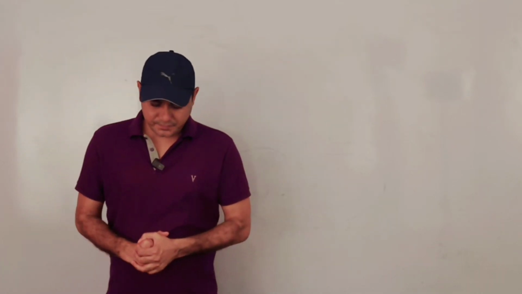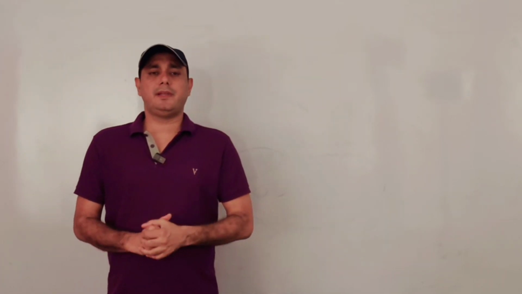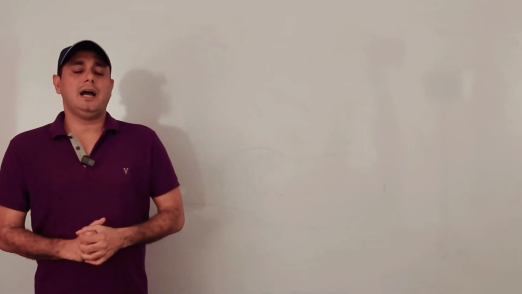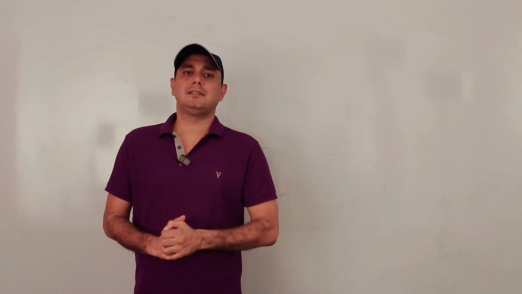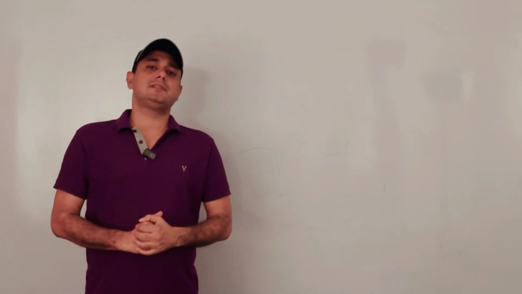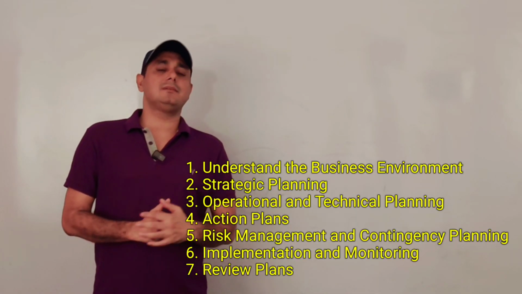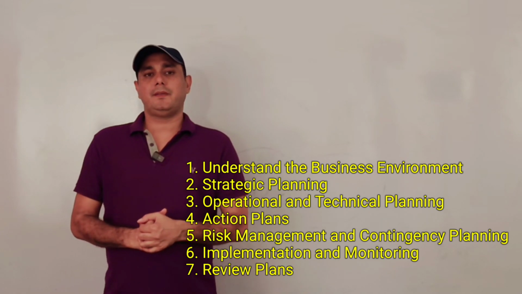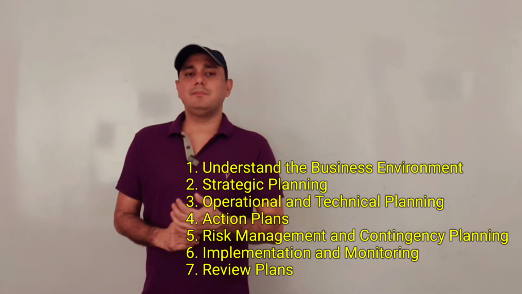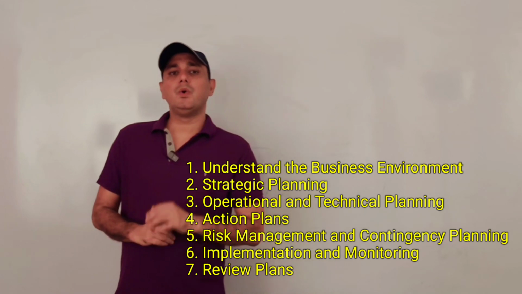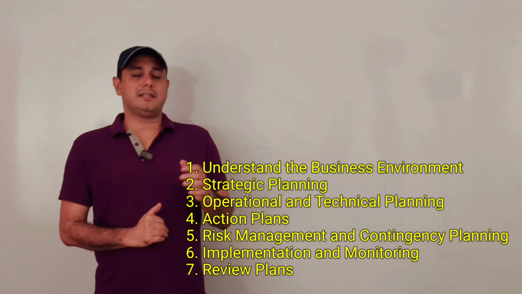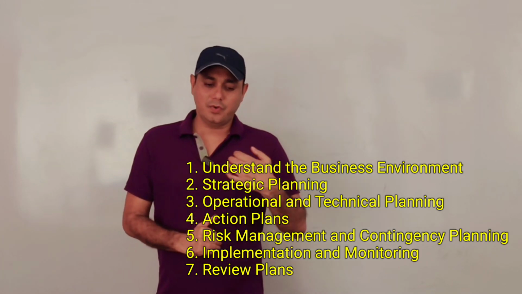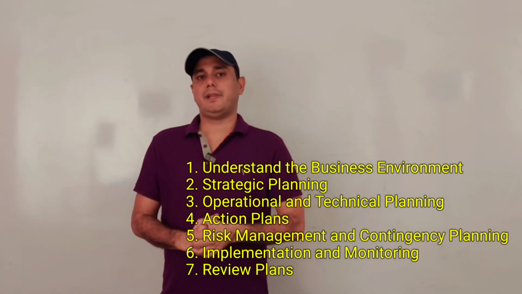Okay, one by one I'll try to explain, but before explaining, I'll brief you. The first step for planning is to understand, or analyze, the business environment. After analyzing the business environment, we go for the strategic planning process. We do the strategic planning and we need to follow some steps of strategic planning.